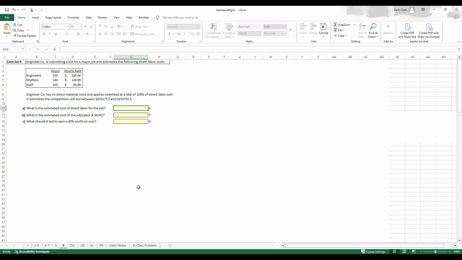And in this one, we're going to say an engineering company is submitting a bid for a major job and estimates the following direct labor costs. So we say, okay, we think the engineers are going to spend 210 hours on this project. The drafters are going to spend 140. The staff are going to spend 350. And here's all these different rates.